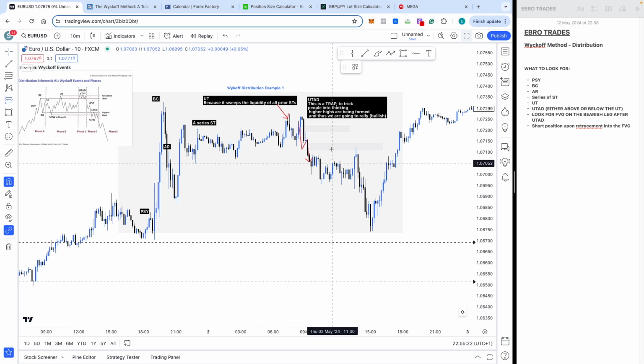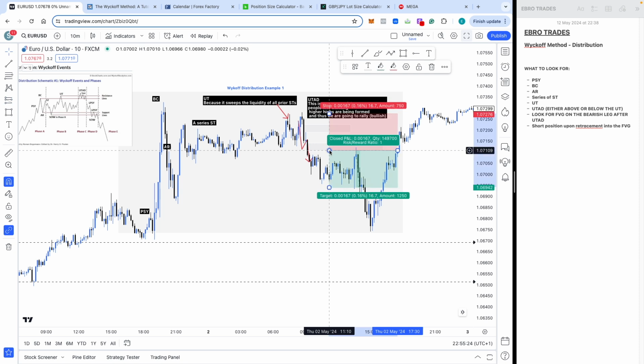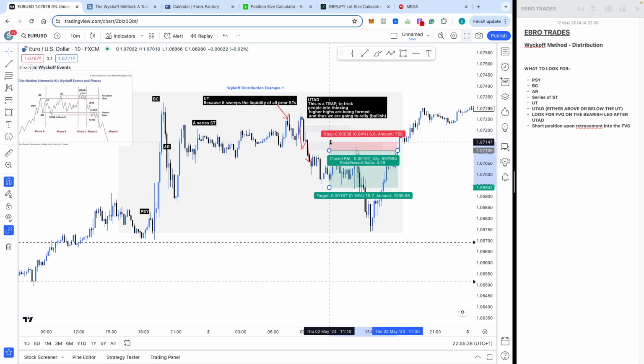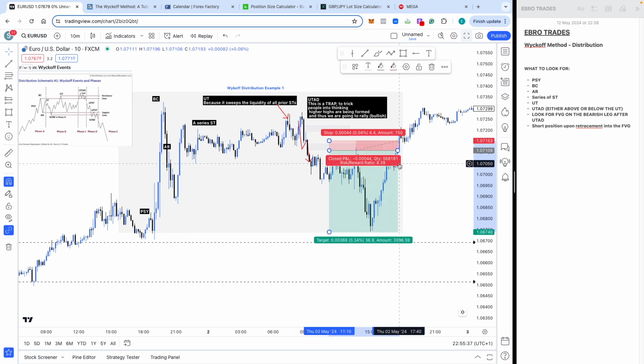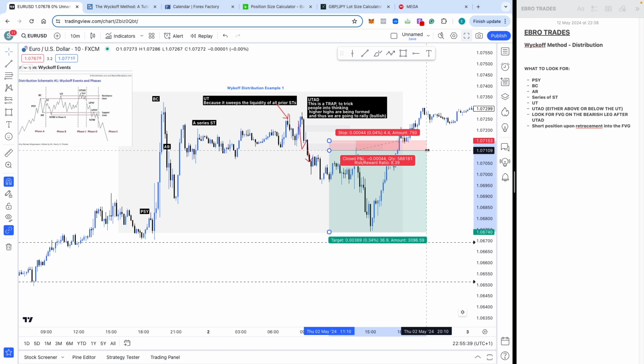Short position, so you could place your entries at the fair value gap, with your stop loss just above the fair value gap, targeting 1 to 2 RR initially for your first TP, but then ultimately you could have gone all the way down here to catch a 1 to 9 risk reward.